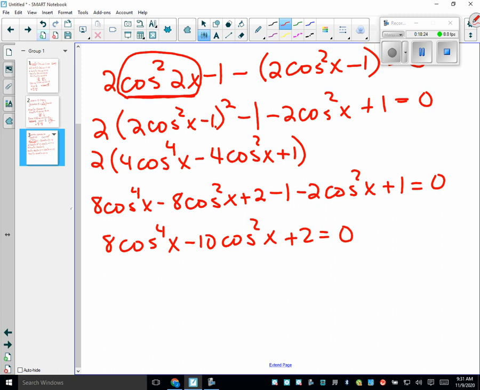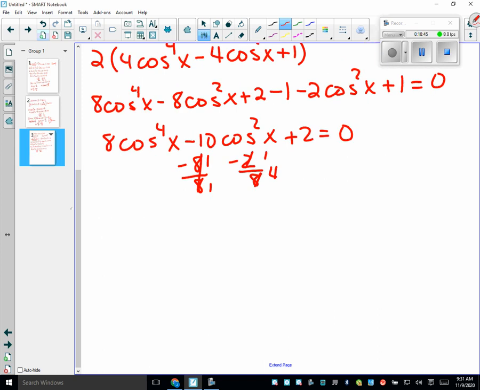Can you factor? Yeah. What multiplies to 16 and adds to negative 10? Negative 8, negative 2, put them over 8, right?